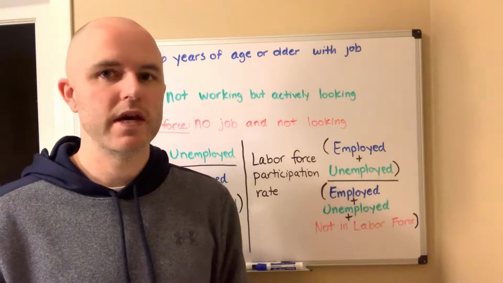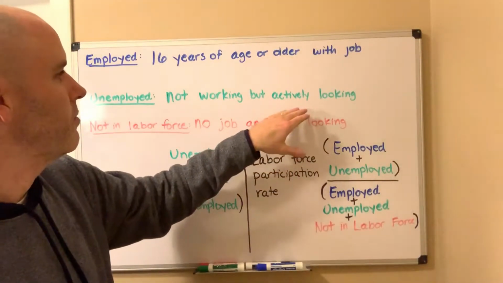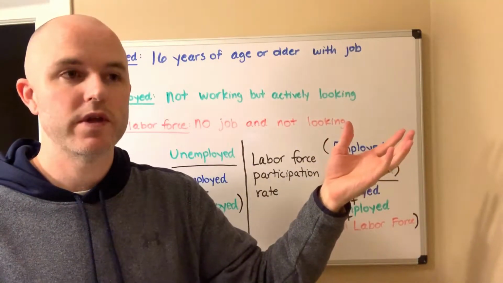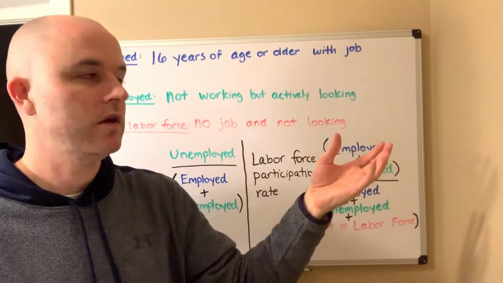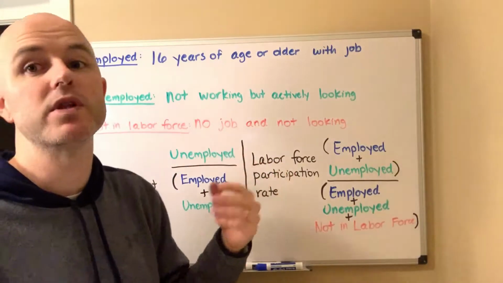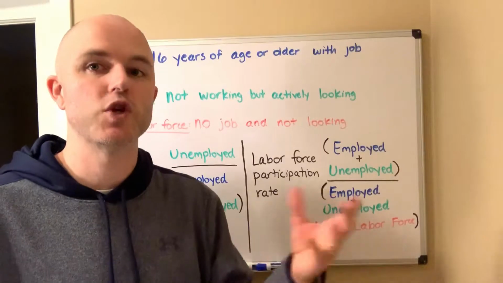So remember that difference between unemployed, meaning you have to have been actively looking within the past 4 weeks, versus not being counted in the labor force because you have not been looking for a job in the last 4 weeks, despite the fact that you would like to work.